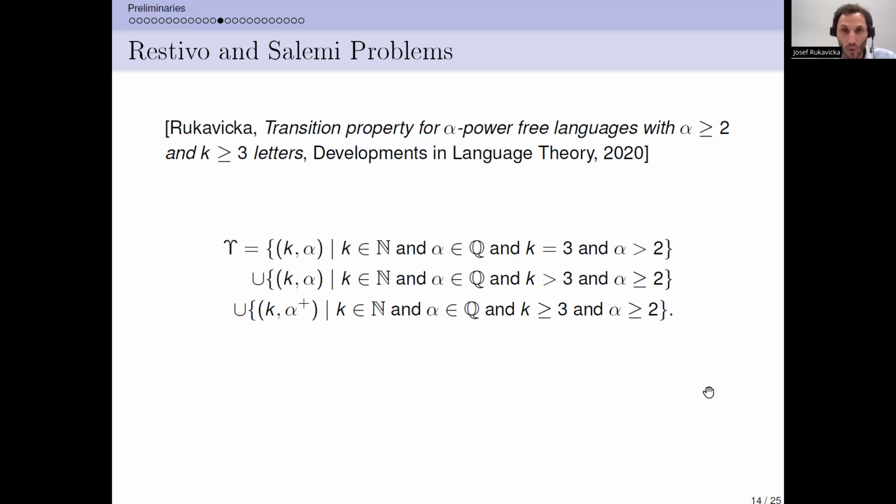It looks a bit complicated, but it's not that complicated if you spend some time with it. Because I define the concept of the alpha power and alpha plus power, my results are different depending on whether we consider alpha or alpha plus. Because of this, I need to state this somewhat complicated definition.